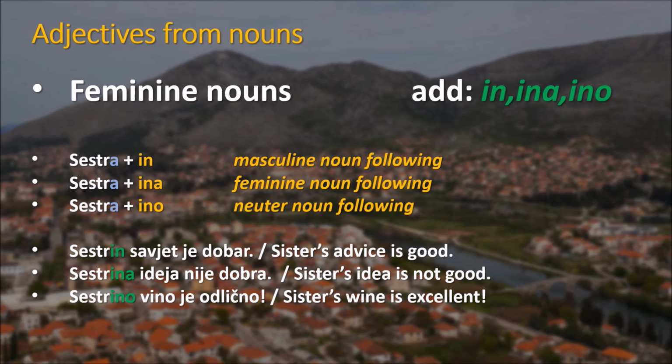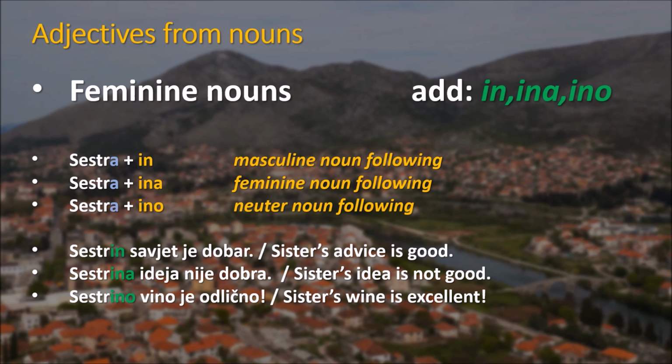Because feminine nouns end on a vowel, and once you add in, ina, or ino, that is a cluster the Bosnian language does not allow, so the a needs to go away before adding the ending for the possessive adjective.